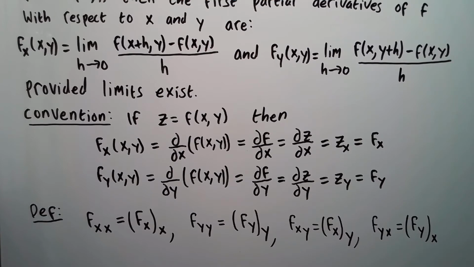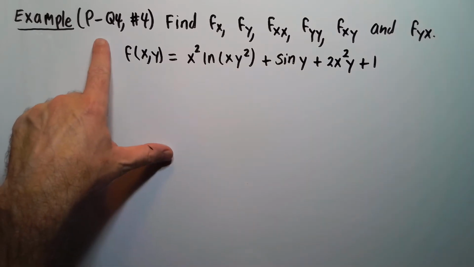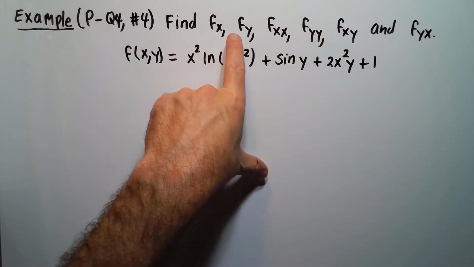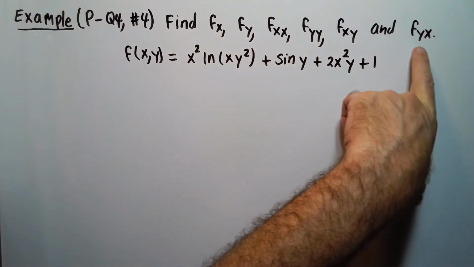Okay, now let's take a look at an example. This is from practice quiz 4, number 4. It says find the partial derivative with respect to x, with respect to y, double x, double y, xy, and yx.